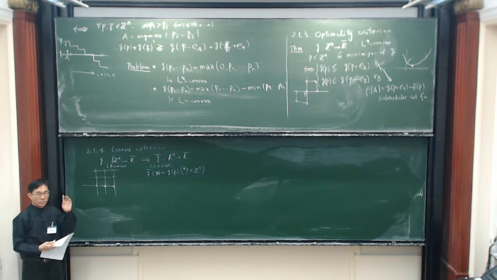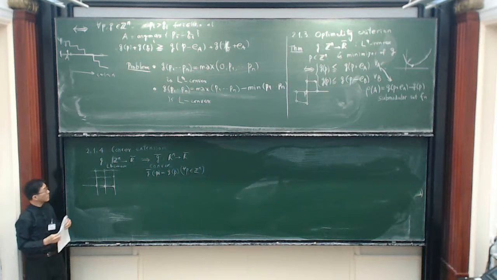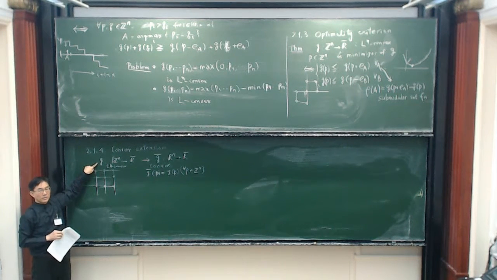Now, as I told you, in each hypercube, G is a submodular function. And if you learn something about submodular function theory, the convex extension can be constructed in a concrete way. It's called the Lovász extension.